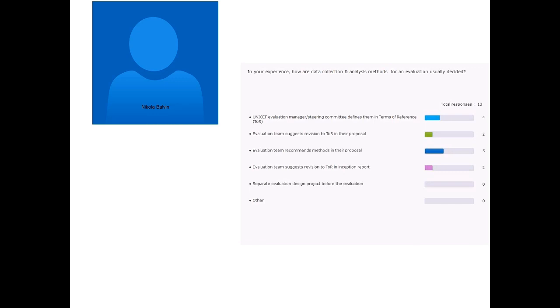But as you can see, in none of the cases is there a separate design project before the evaluation, which is interesting. And in some cases there is, oh, hang on, we've got 8% saying yes now. Some revisions in the inception report and also in the proposal.